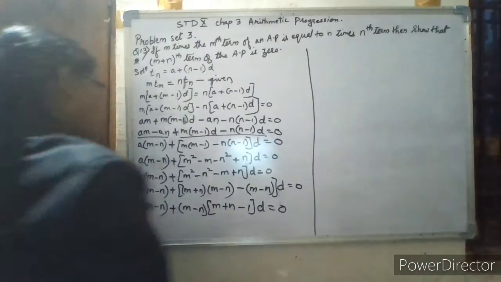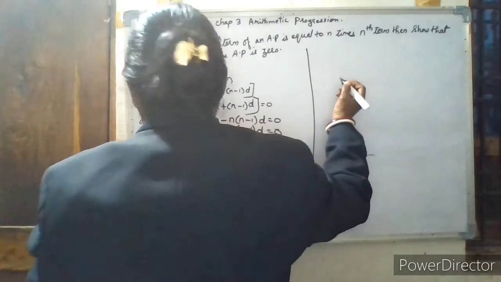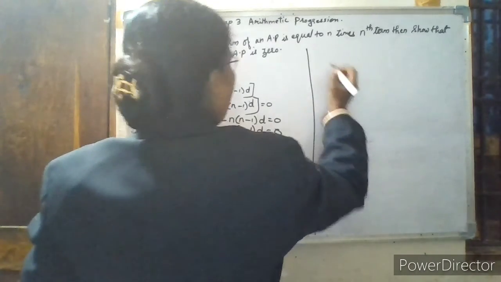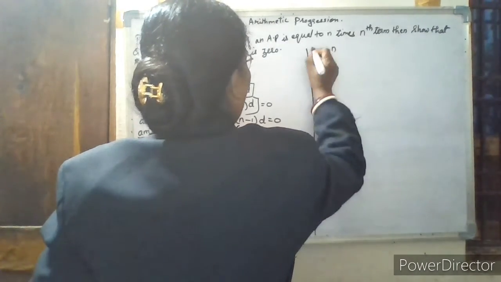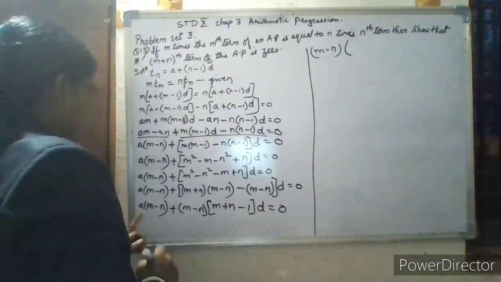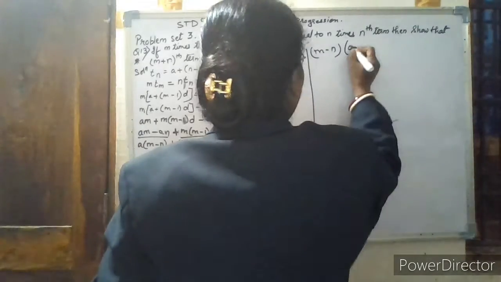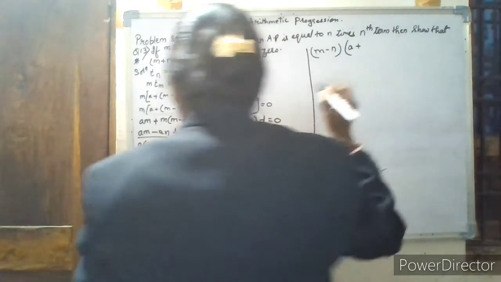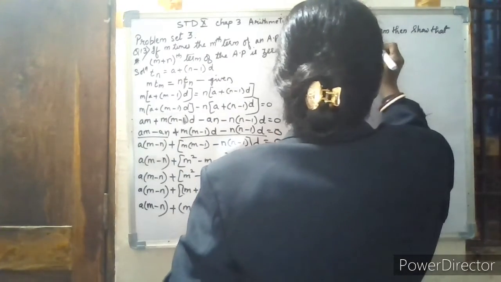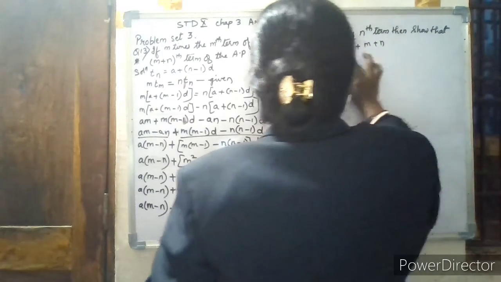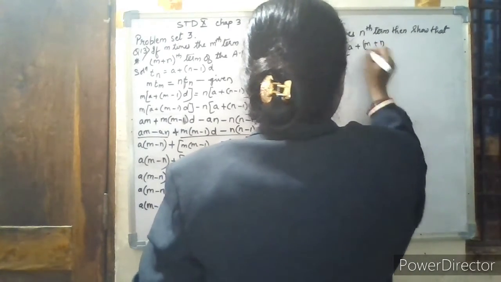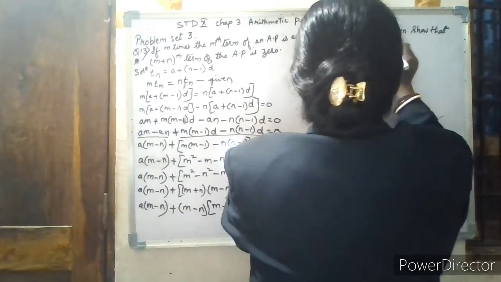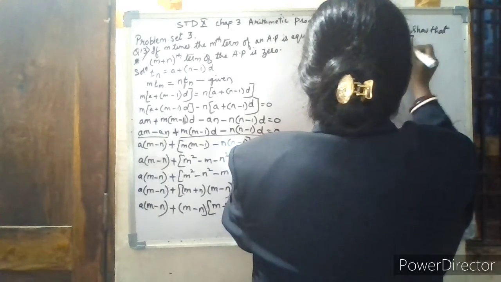So we have m minus n as common, into what is uncommon left, that is a plus m plus n minus 1 into d. The whole thing is left in this form.